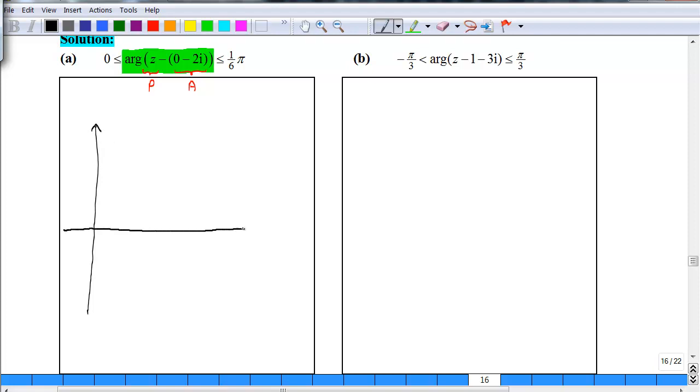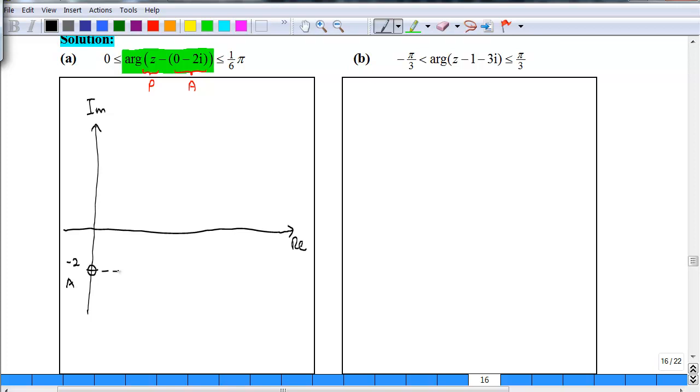As you can see, I'm using freehand and my lines are all not straight. For your case, when you present your answers, please make sure you use compass and rulers. So the point A is actually here, at -2.